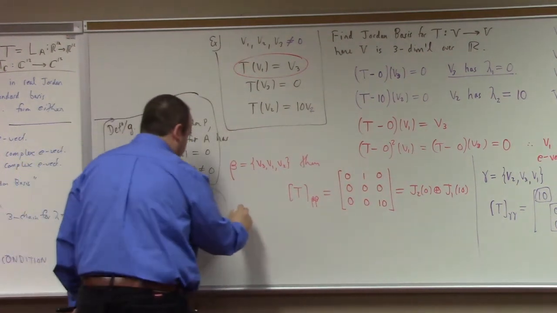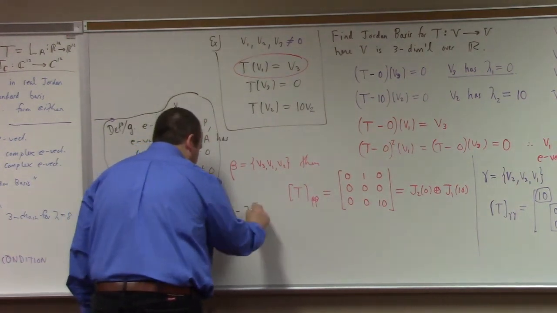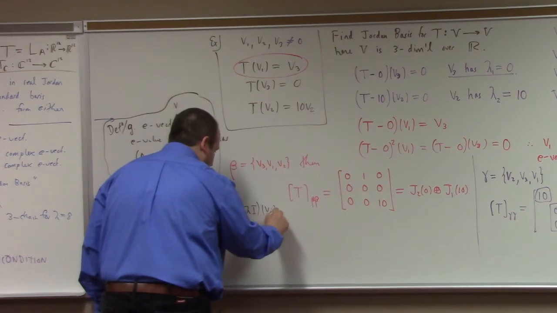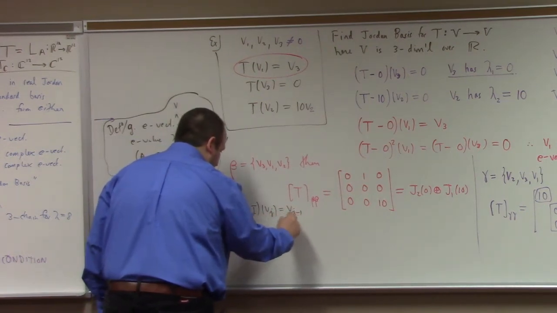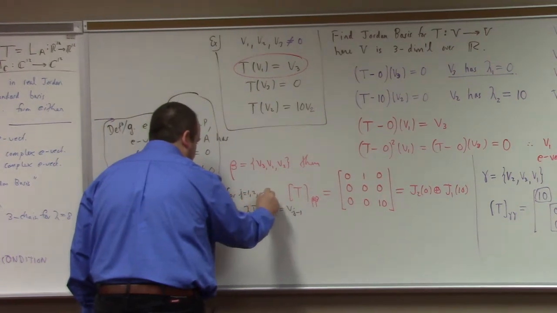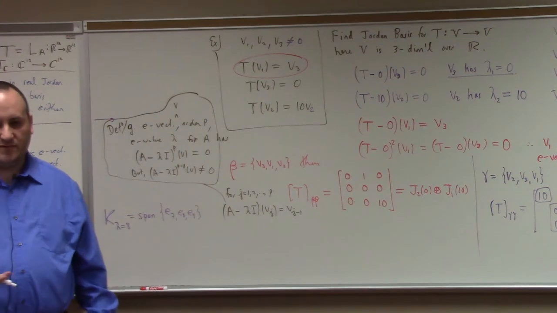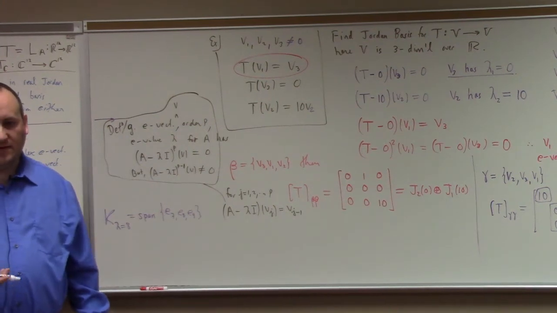But there's another thing we've noticed, which is that if we have a chain, if we have (A minus lambda I) on vj equal to vj minus 1, for j equals 1, 2, up to p, then that will force vp to be a generalized eigenvector of order p.